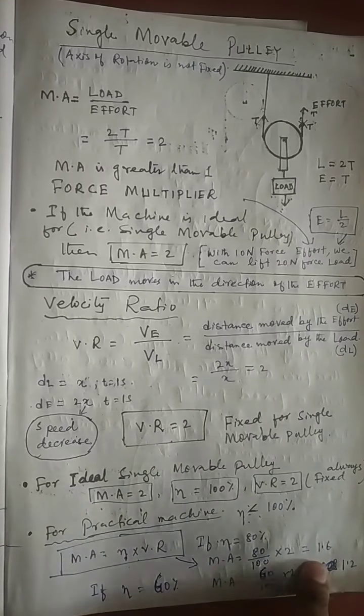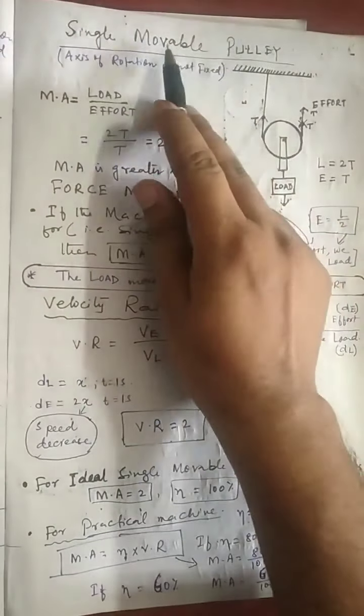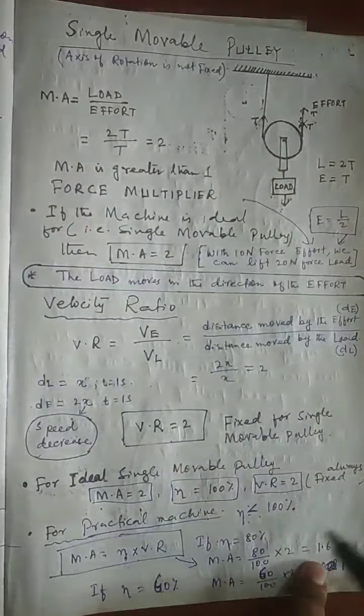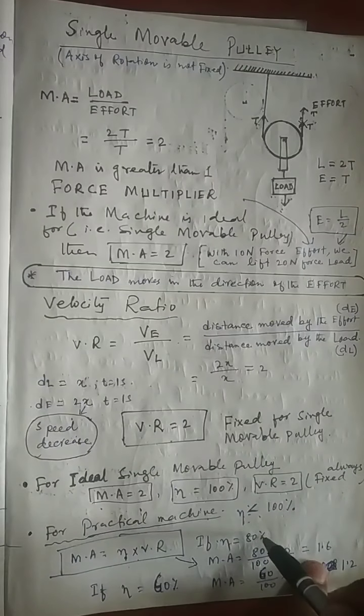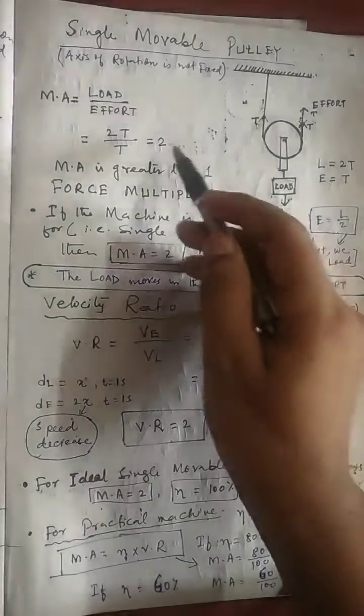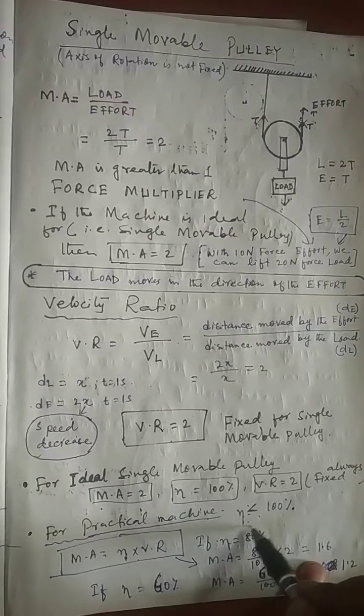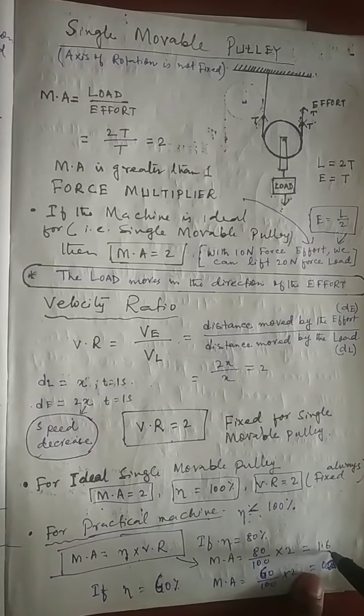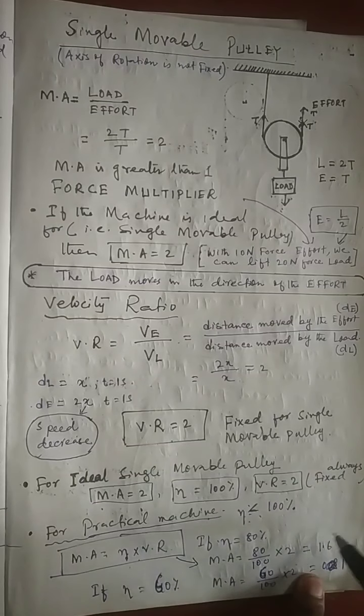Mechanical advantage of a single movable pulley in the ideal case is 2, but in a practical machine whose efficiency is 80% or 90%, it is always less than 2. So if the efficiency is 80%, the mechanical advantage will be 1.6.